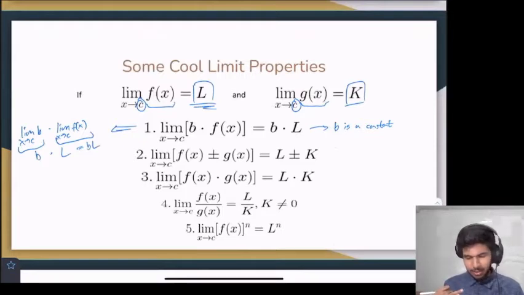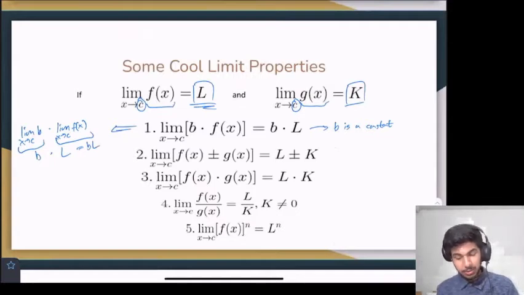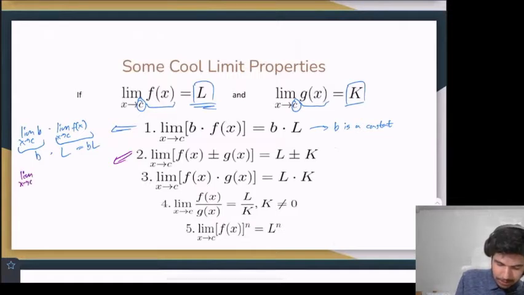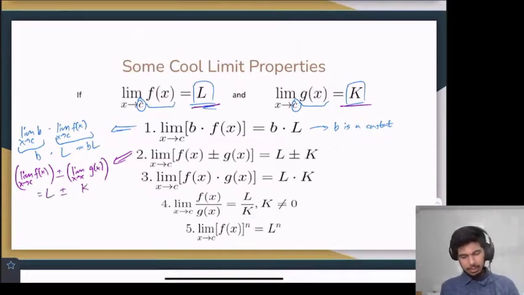Second one, the limit as x approaches c of f of x plus or minus g of x equals L plus or minus k. So again, something similar happens where we can distribute the limit in a sense. So that is equivalent to the limit as x approaches c of f of x, plus or minus the limit as x approaches c of g of x. And both of these are defined, L and k, so that's equal to L plus or minus k. So that's the second one.